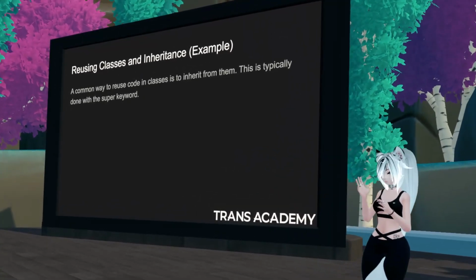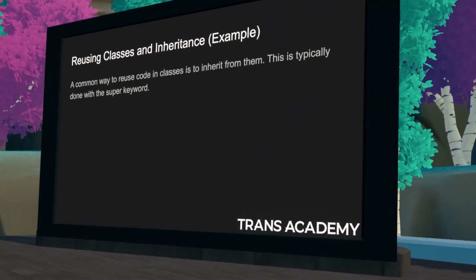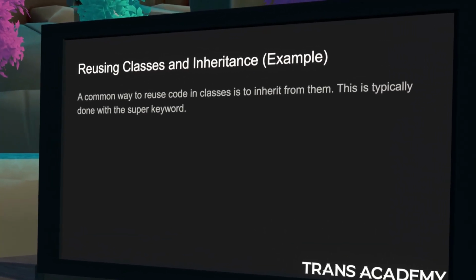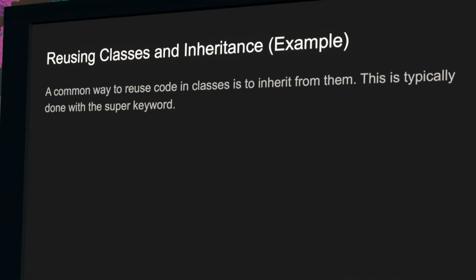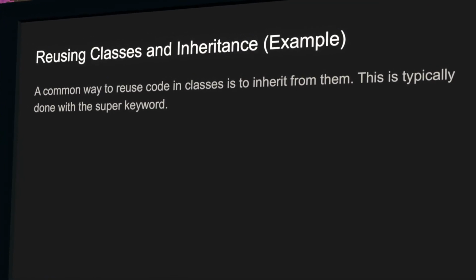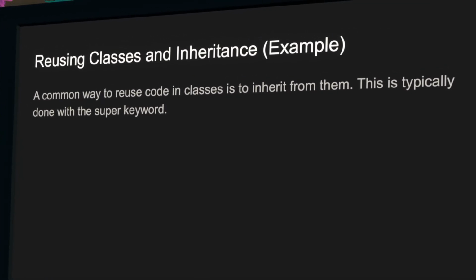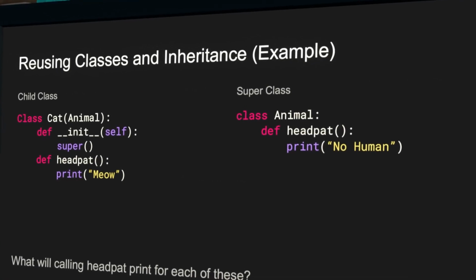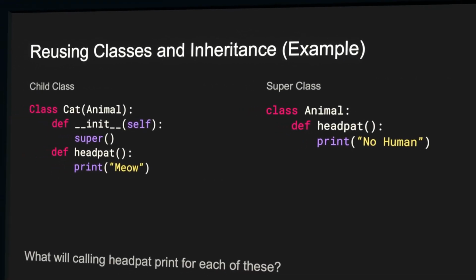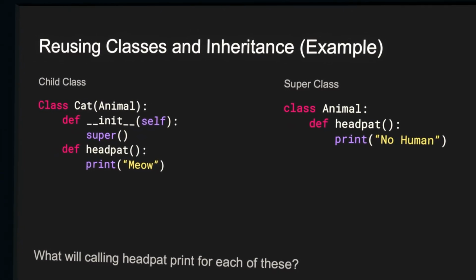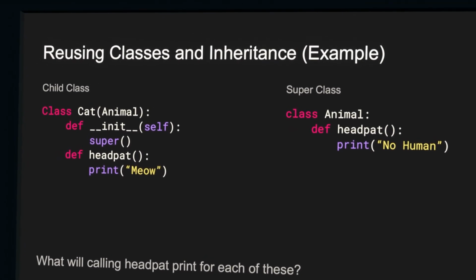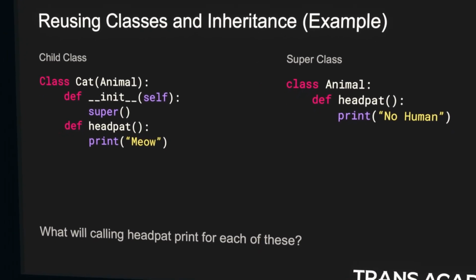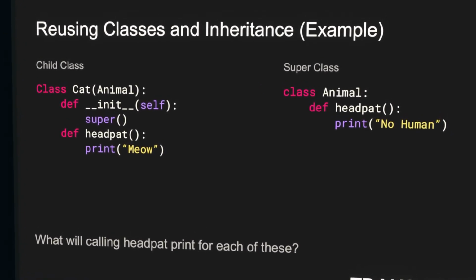One of the benefits of using classes is you can make use of a concept called inheritance. The concept of inheritance is I have a class which will extend another class, right? When I extend the class, it's going to inherit previously defined methods. For example, we have a superclass here called animal, and we have a function referred to as headpat.